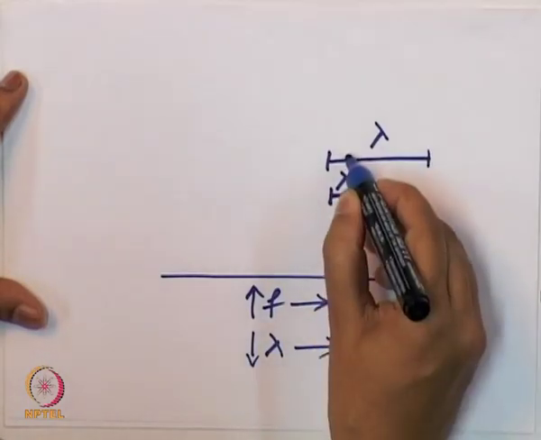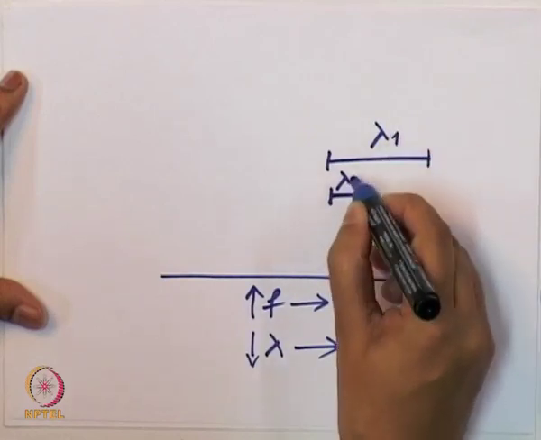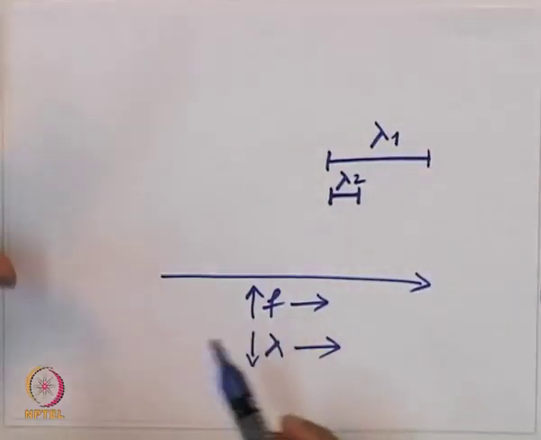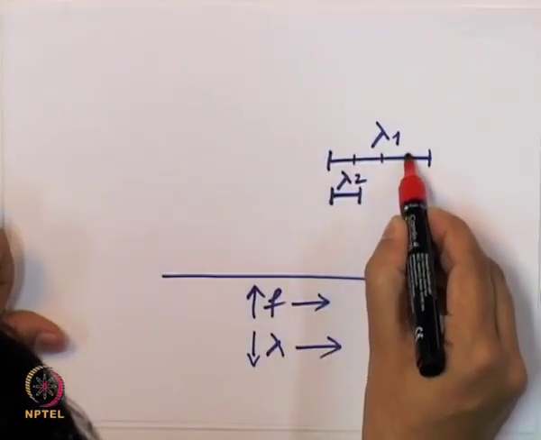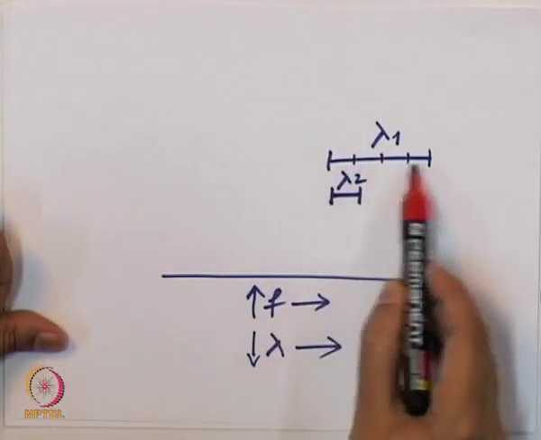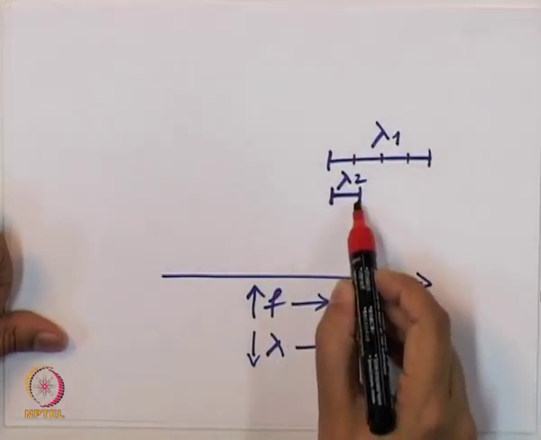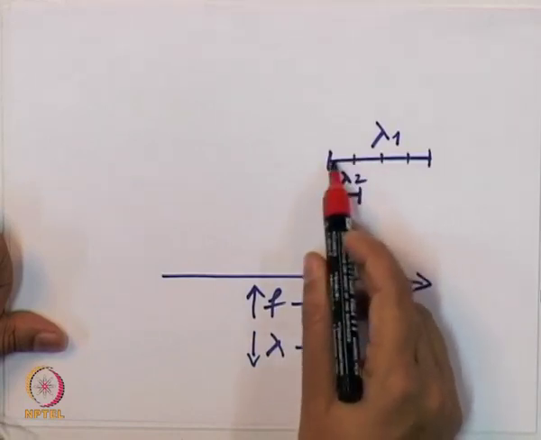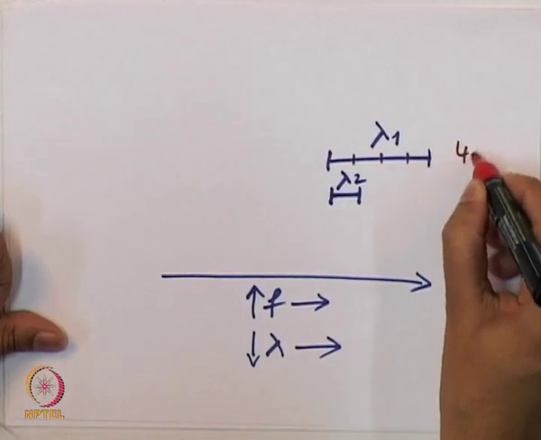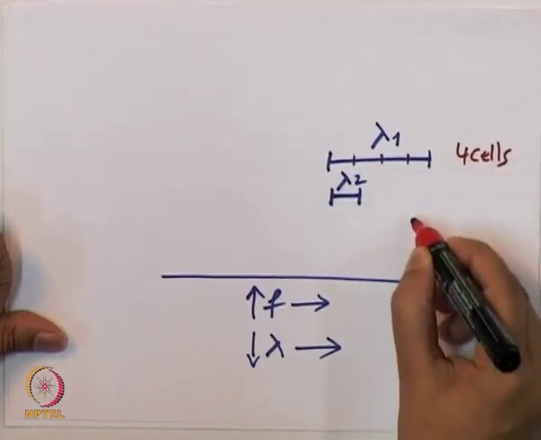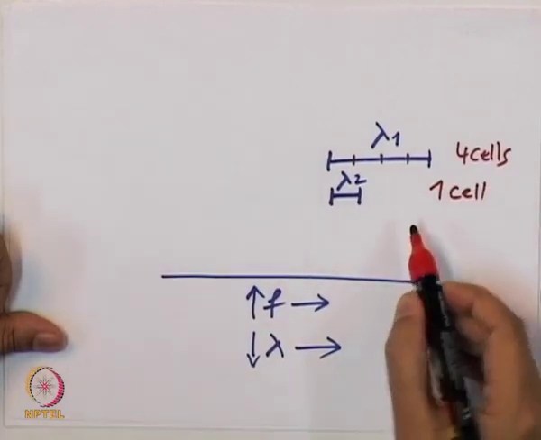Let's take a simple example where this is lambda 1 and this is lambda 2. Let's say in the first case we have 1, 2, 3, 4 cells for this lambda. But in the case of lambda 2, there is only 1 cell, approximately, for the same discretization. So in this case there are 4 cells, and here there is only 1 cell.